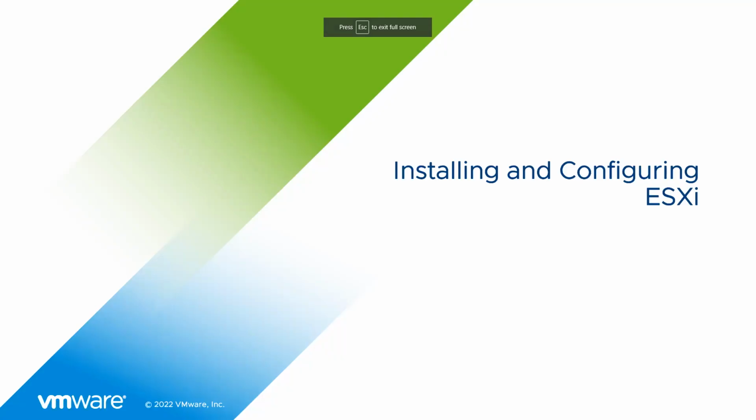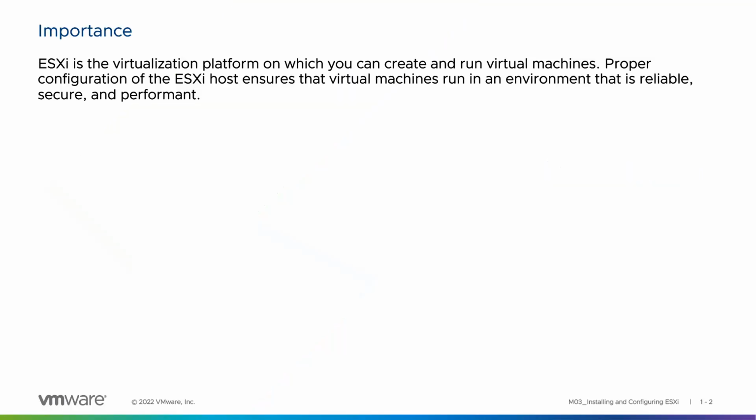So installing and configuring ESXi. So what is important about ESXi? Well, it's VMware's virtualization platform. You find it in lots of companies, especially larger size companies. You'll definitely find VMware. Create and run virtual machines.